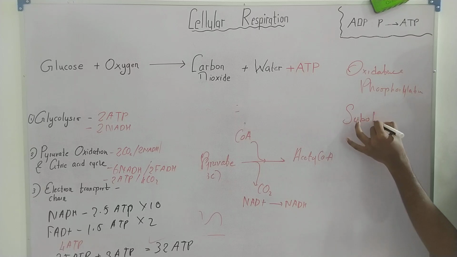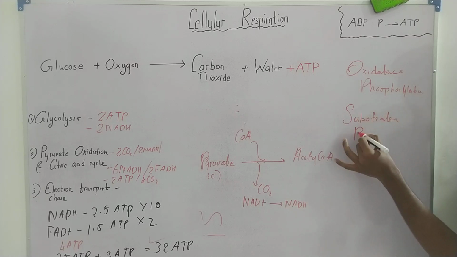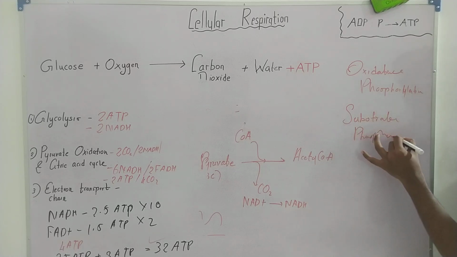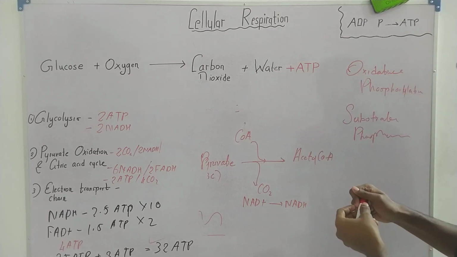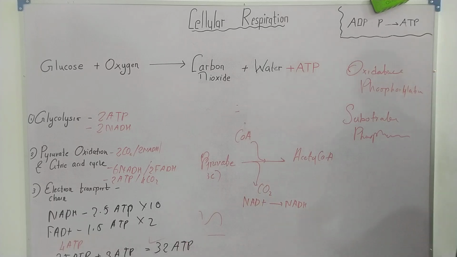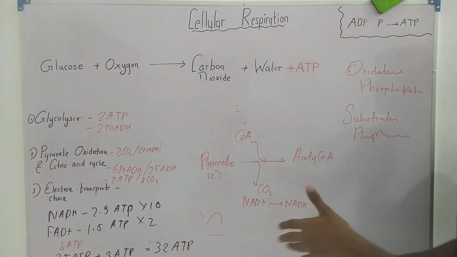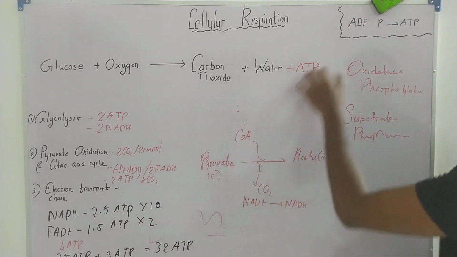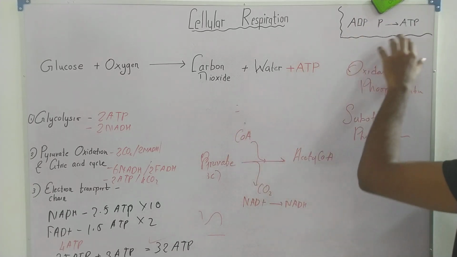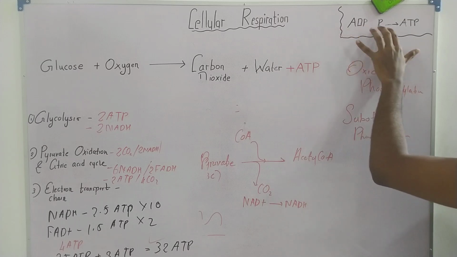During substrate phosphorylation, let me explain it. What happens is this phosphate group comes from another substrate, right? As I told earlier, ATP is produced using ADP and phosphate.